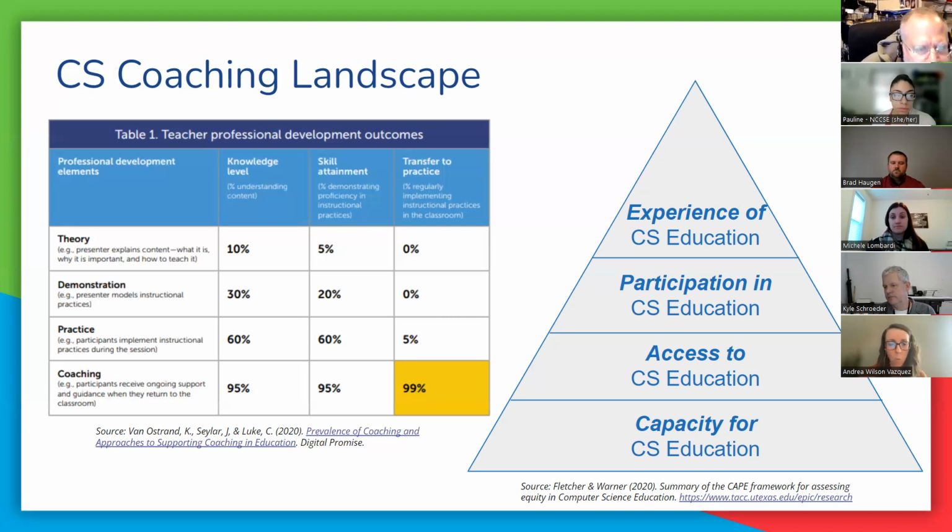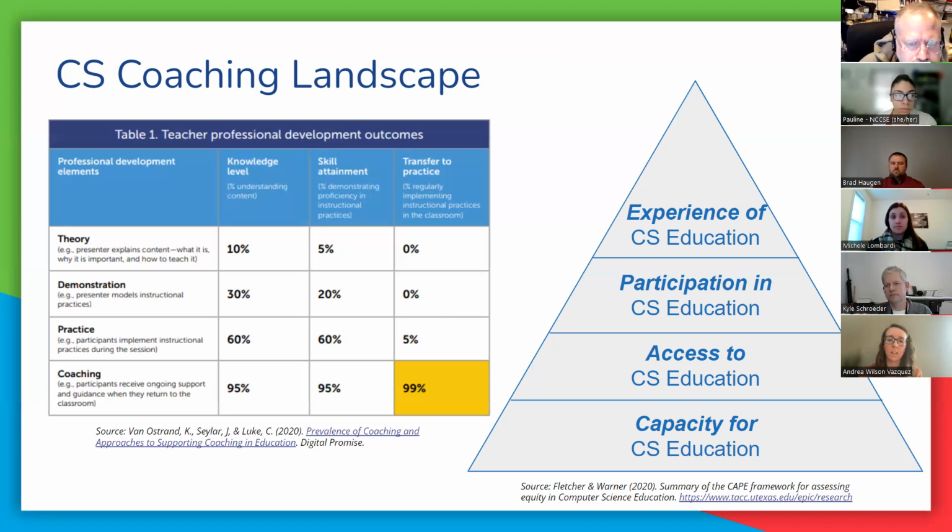The other piece about why, and the real driving factor that helped us to identify coaching as an important platform, is based in the CAPE framework. This is a framework that was developed by Carol Fletcher out of UT Austin, and it's all about how to assess the equity of computer science education ecosystems.